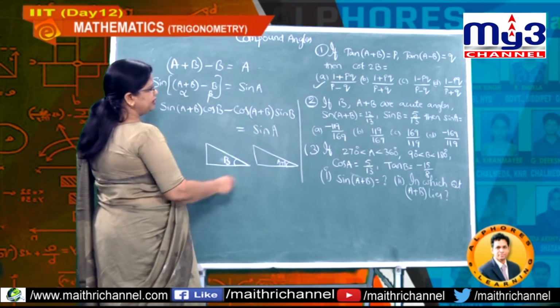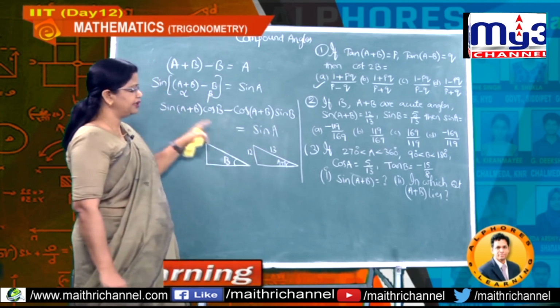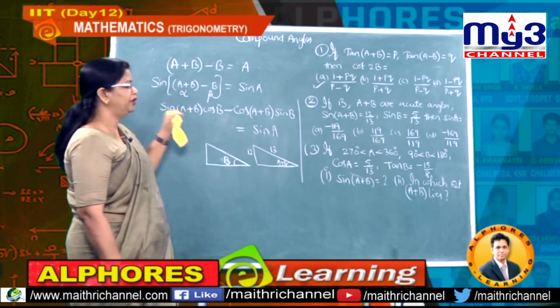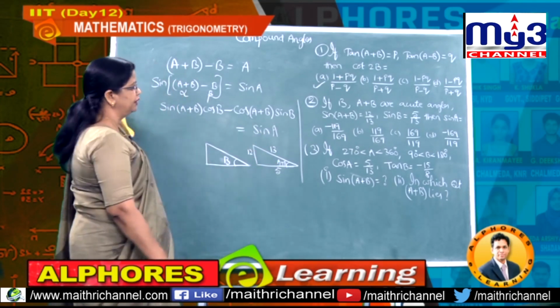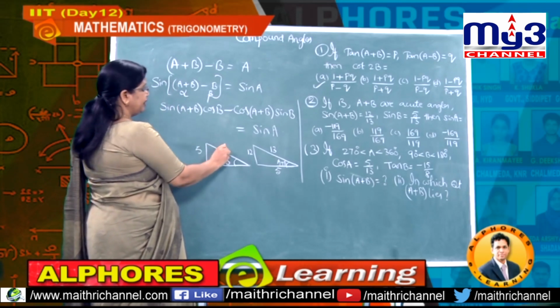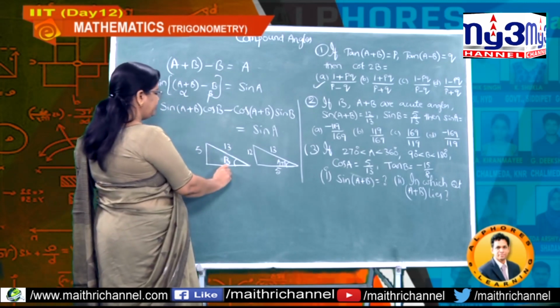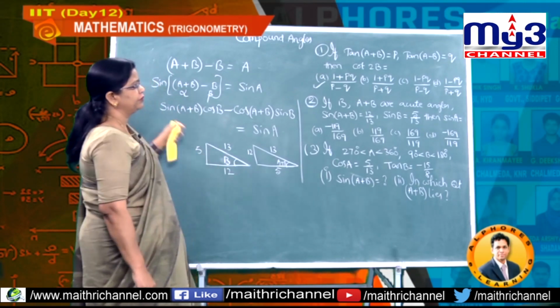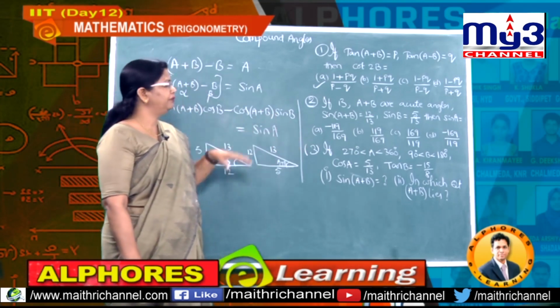Now for A plus B, 12 here, 13 given, understand? Because sine is opposite by hypotenuse, then the adjacent side is 5 in the triplet, and the next one is 5, 13, that is also sine. So 5 here, 13 here, this is also sine, and what is the value here? It is 12. So both are given in terms of the same kind of triplet but in a different way.